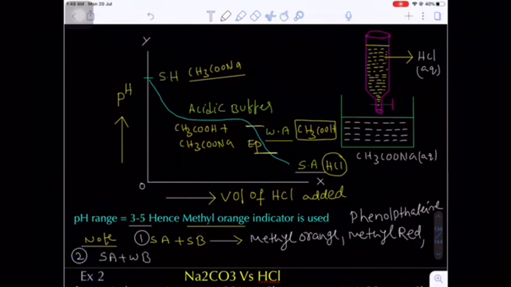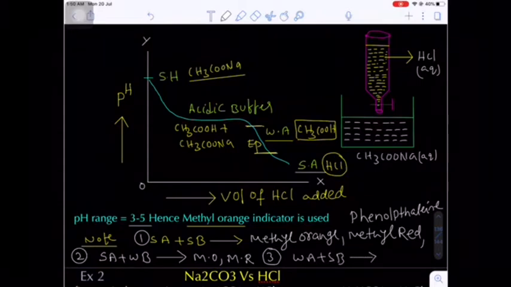Now come to the second category, strong acid, weak base. We can use 2 indicators, methyl orange and methyl red. Now the third titration is weak acid, strong base.